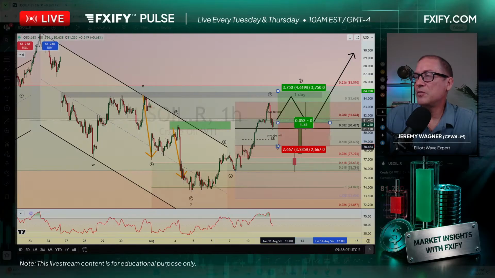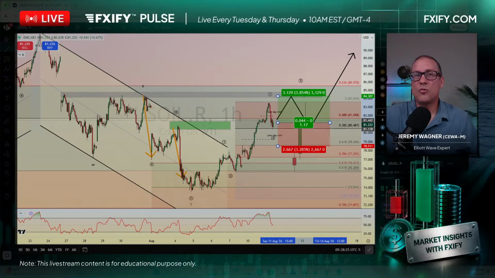So here's a way that you can place a stop loss around that 618 and get a slightly better risk reward ratio. And if we look at a profit target at the lower end of this gray box, it's about a 1-to-1 risk reward ratio. So it's not quite a risk reward ratio that would light the world on fire, but it is a tradable opportunity.